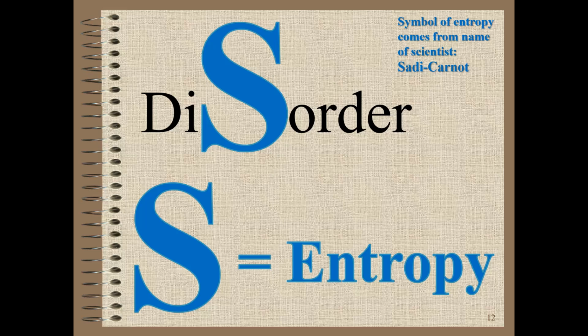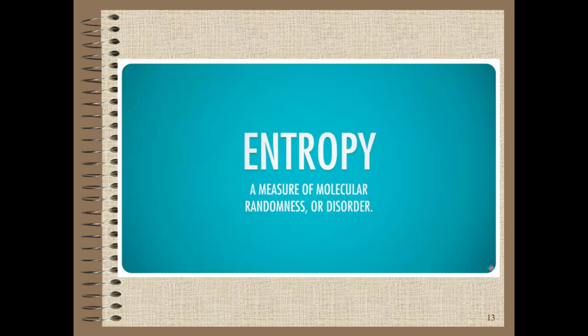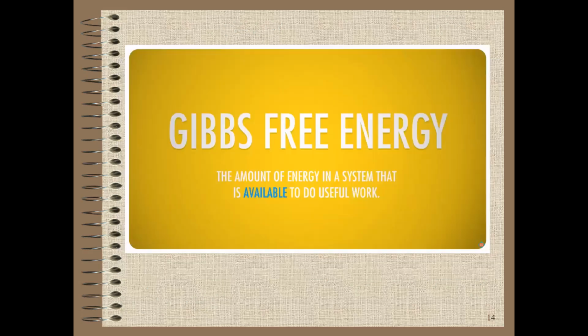Anyway, S is the symbol for entropy because E was already taken for energy, so they came up with another letter. You should know that entropy is a measure of disorder. Another definition is Gibbs free energy, the amount of energy that is available to do useful work. Gibbs free energy.